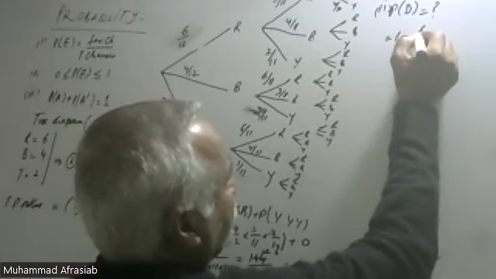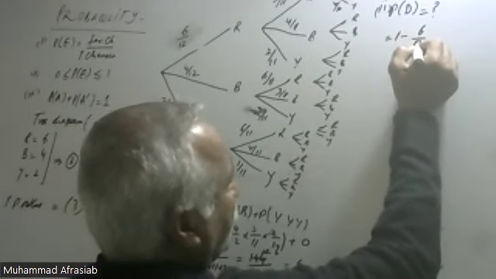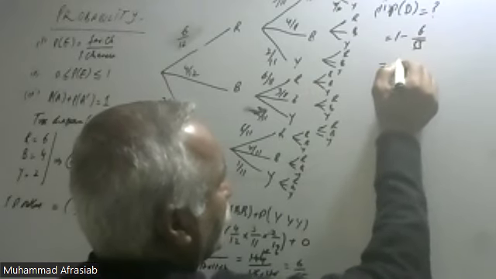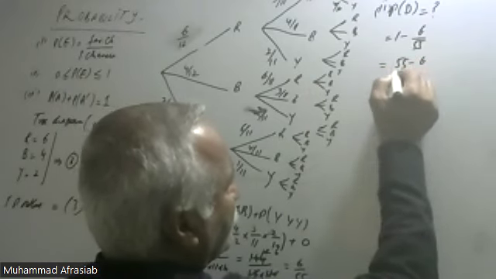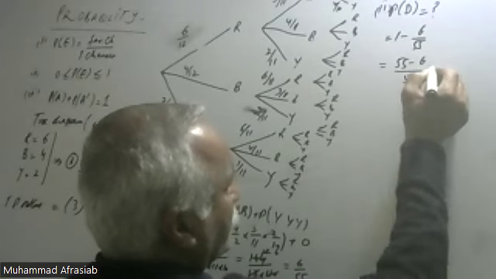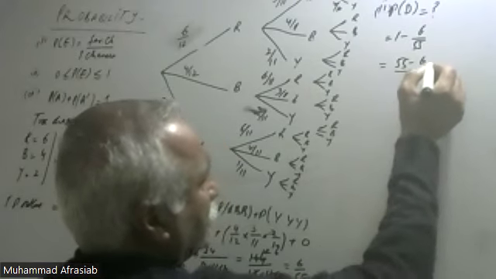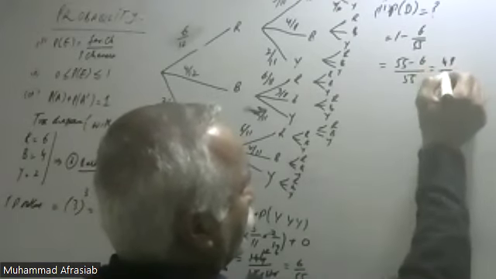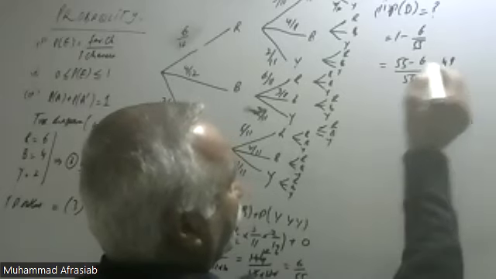So this will be equal to 1 minus probability of 6 by 55. So it is 55 minus 6 over 55. So that should be equal to 49 by 55. This is the probability for the different color balls from that bag.